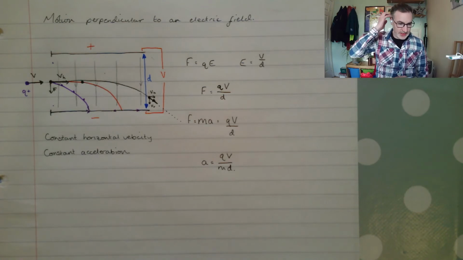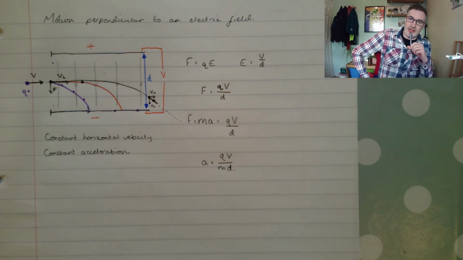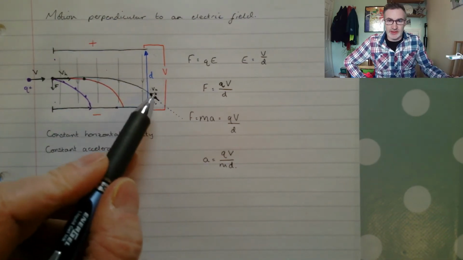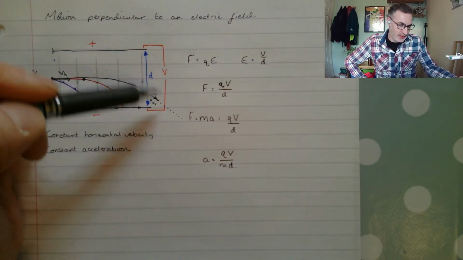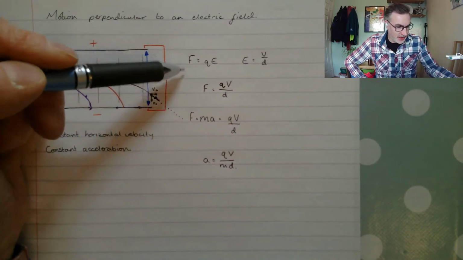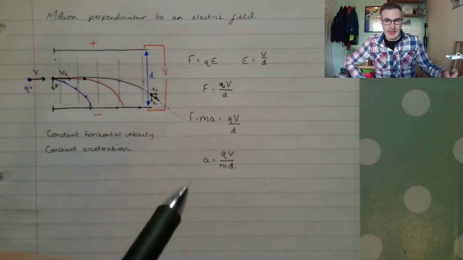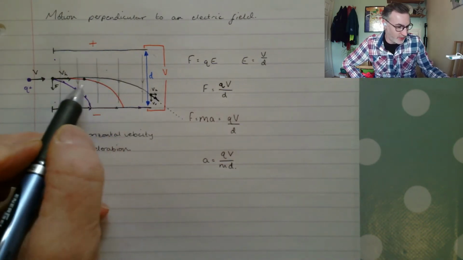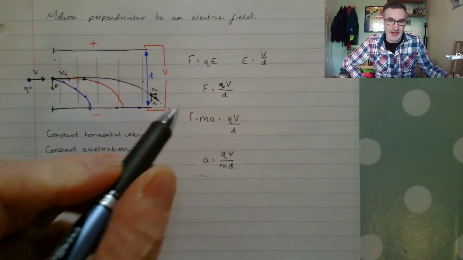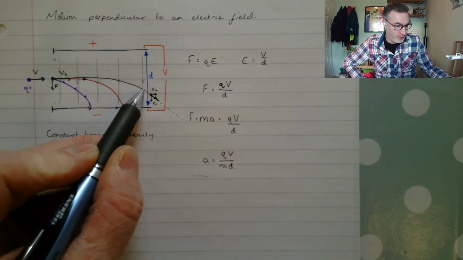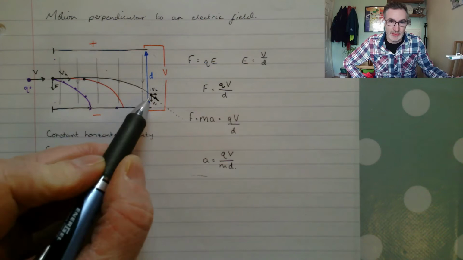There are a number of questions, certainly in the RGC problem book, that deal with this scenario, and I will get you to do it. But it's a tricky question. It will ask you to find out where on a screen it strikes, and so you've got a lot of steps. You've got to work out the acceleration, and you've got to do your projectile problem to see what its velocity is by the time it leaves here.